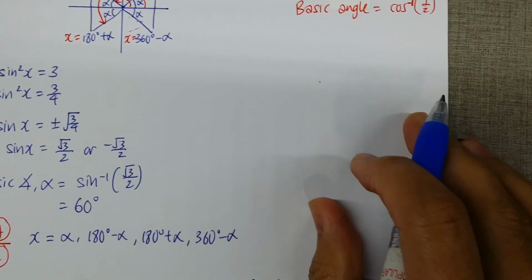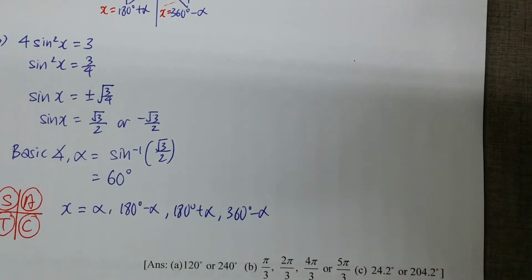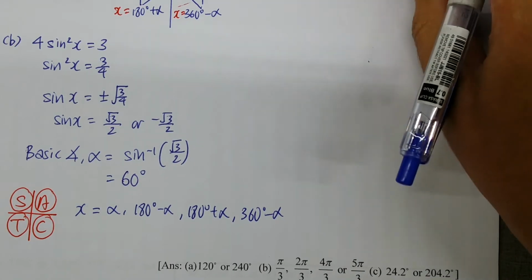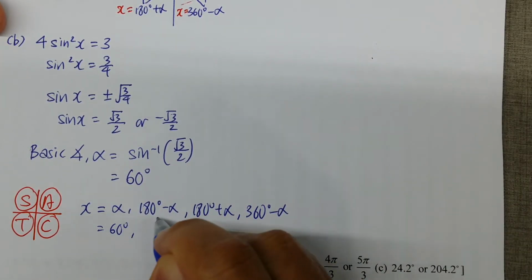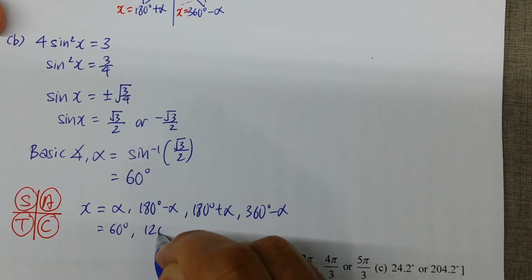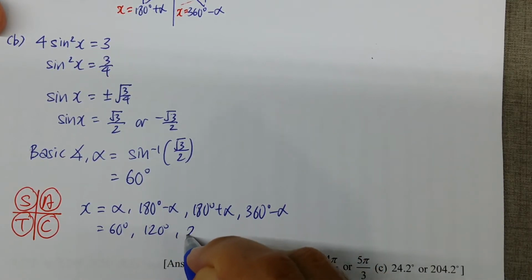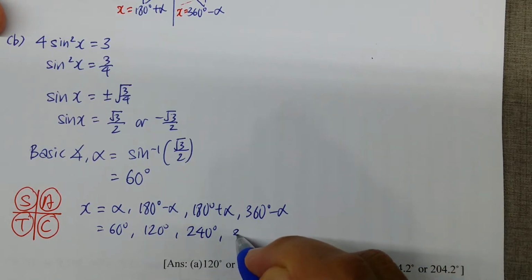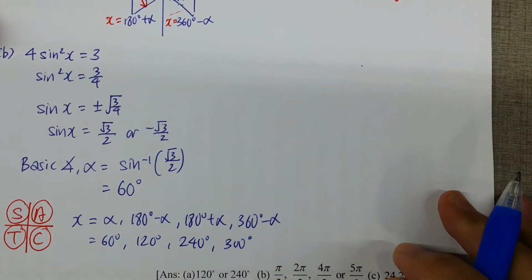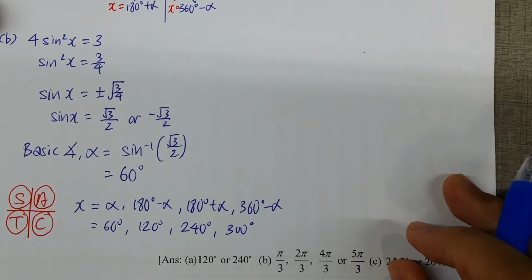Okay, just substitute in alpha is 60. So 60 degrees, 180 minus 60 is 120, 180 plus 60 is 240, 360 minus 60 is 300. Okay, if you need help, you need more time, pause the video.